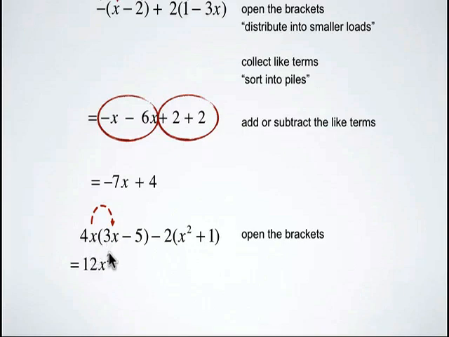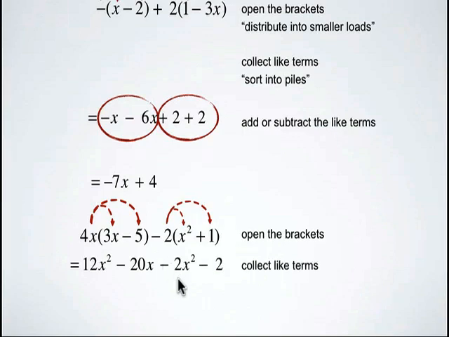X times x is x squared, because whenever an exponent is missing, it's 1. 1 plus 1 is 2, because when we multiply variables, we keep it the same and add the exponents. 4x times negative 5, negative 20x. 4 times negative 5 is negative 20, and I have the x. Negative 2 times x squared is negative 2x squared, and negative 2 times 1 is negative 2.